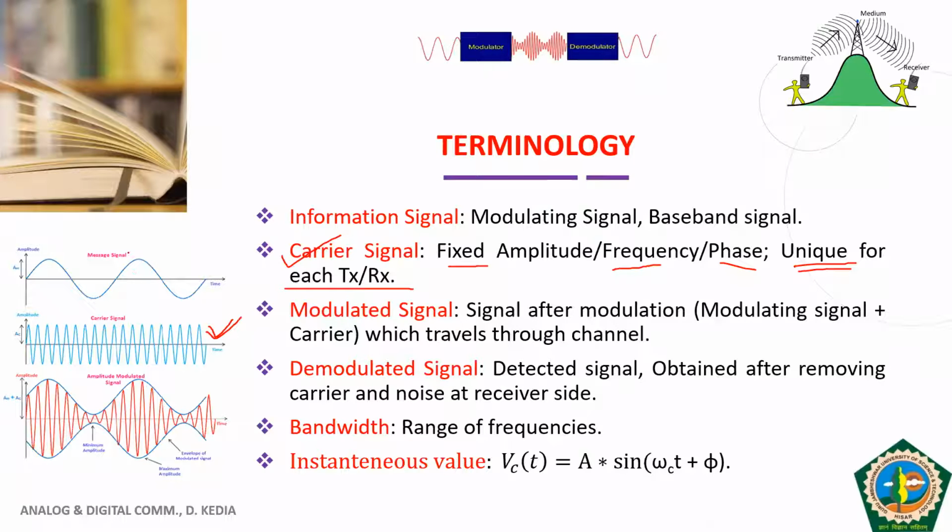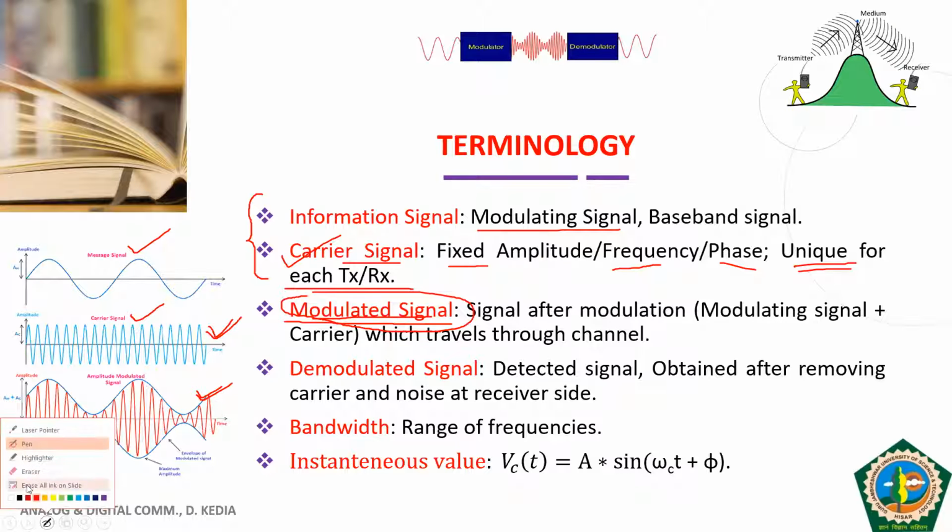So we have this message signal, which we call modulating signal. This is our carrier signal, and next is our modulated signal. If you superimpose the modulating signal and carrier signal, what do we get? We get modulated signal.